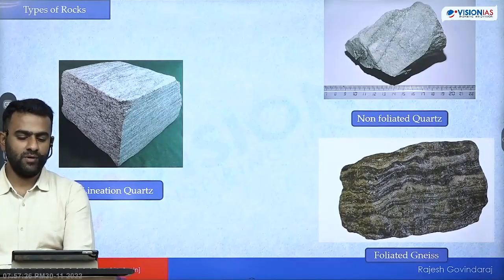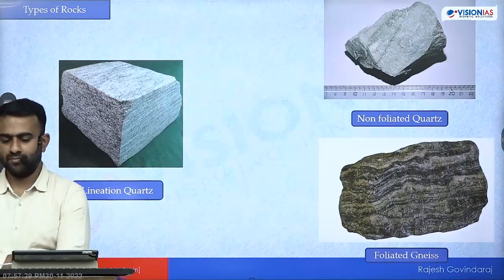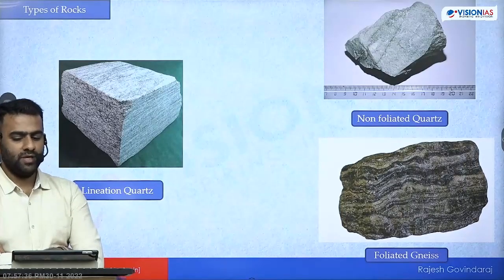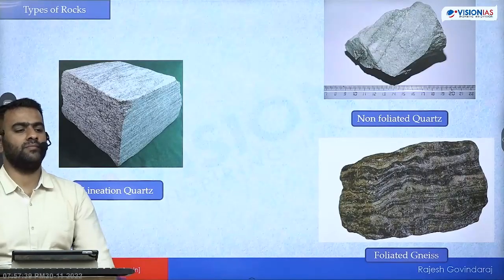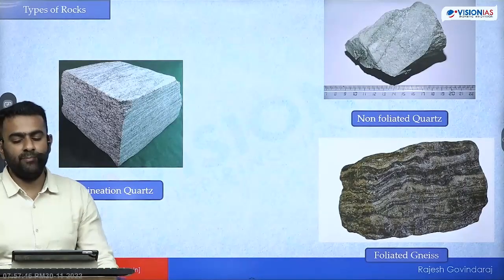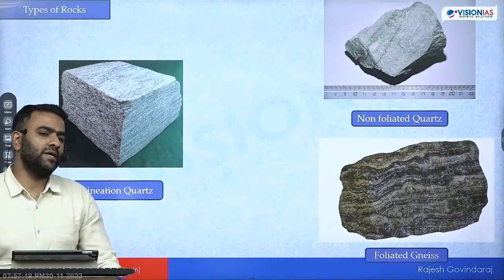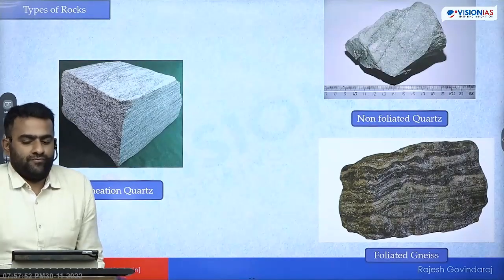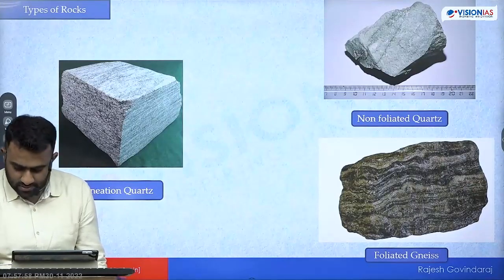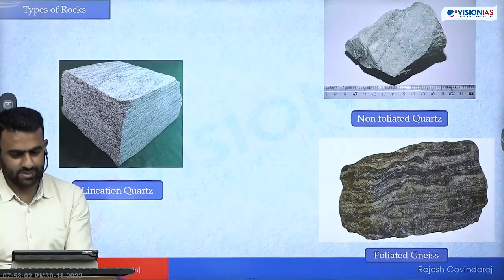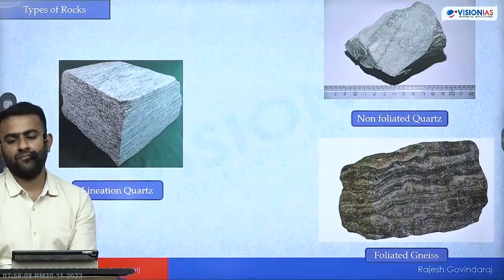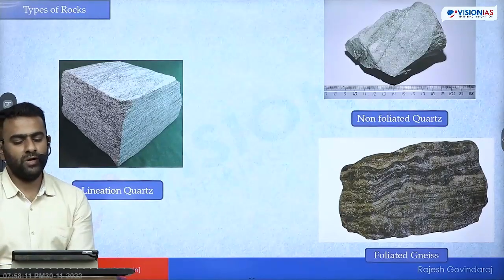Next paragraph. During the process of metamorphism, if the minerals get arranged in a series of bands along a plane, it is called foliation.